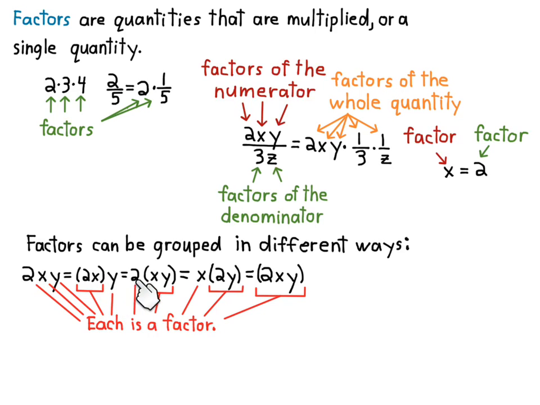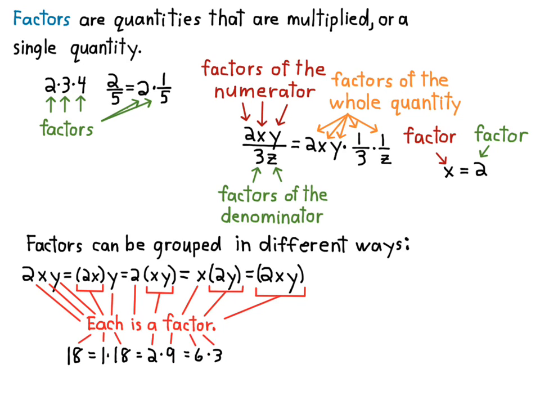Or I can think of 2 as one factor and xy as a second factor. Or I could think of x as one of the factors and 2y as the other factor. So I'm factoring these into 2 different things, which we do quite a lot in algebra. Or I can think of the whole thing, 2xy, as a factor, a single quantity, right?